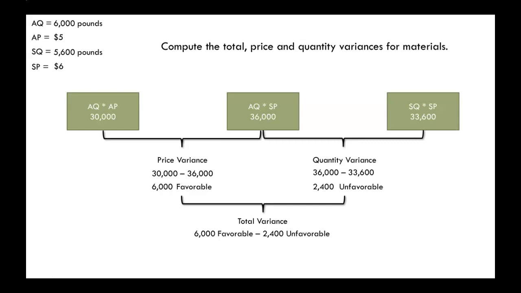But since they're different, we subtract them and we get 3,600. This 3,600 is either going to have to be favorable or unfavorable, and we take the sign of whichever one was larger. We had 6,000 on the favorable side, but only 2,400 that was unfavorable. So our total variance is 3,600 favorable.